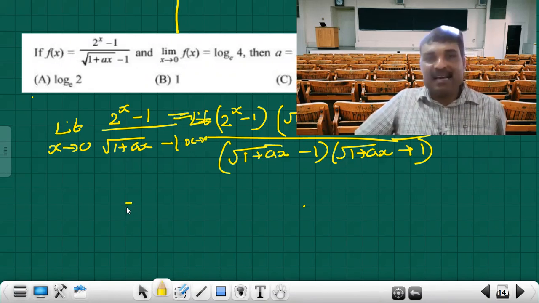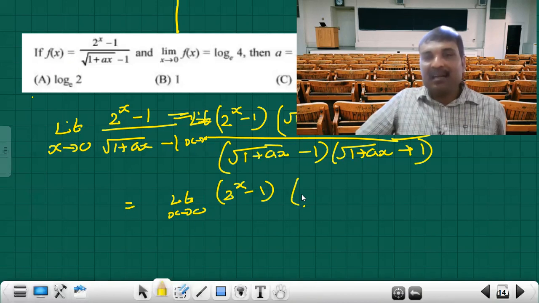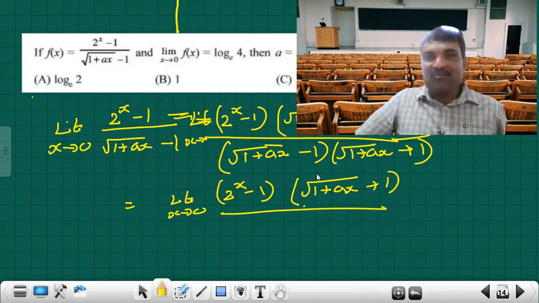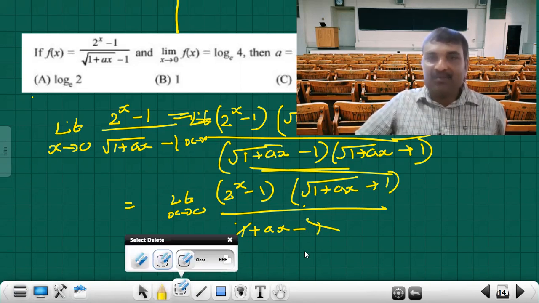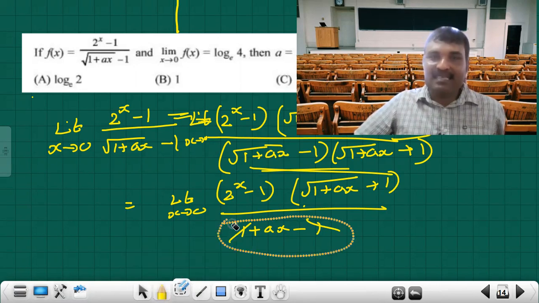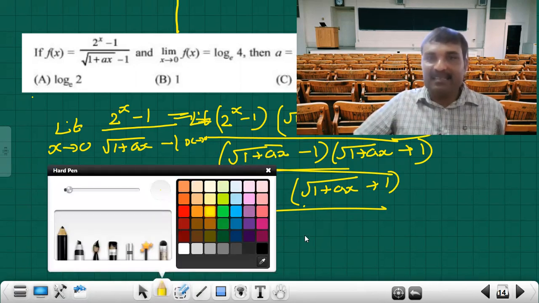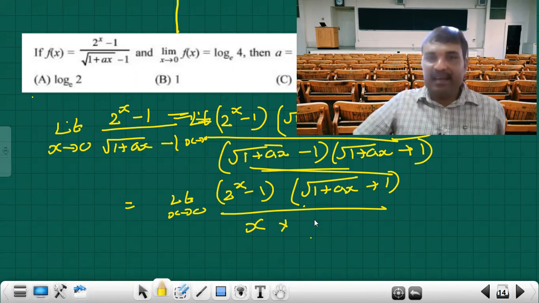Okay, so we can write this as limit x tends to 0 of 2 raised to x minus 1 multiplied by square root of 1 plus ax plus 1. This is the form (a plus b) into (a minus b), right? By using the identity, we get 1 plus ax minus 1 squared. This plus 1 and minus 1 get cancelled, right? So the remaining term in the denominator becomes ax. So we can write this as x into a, right?